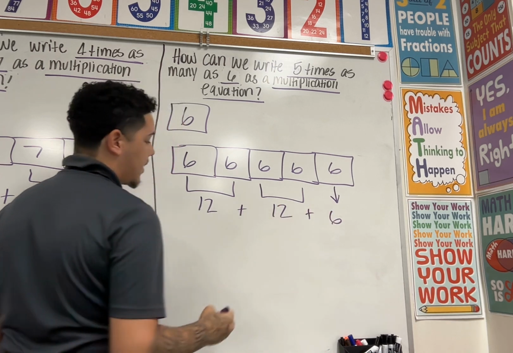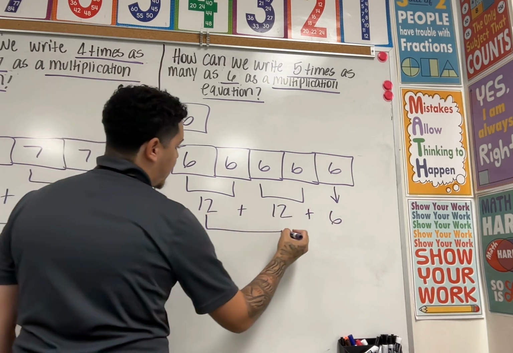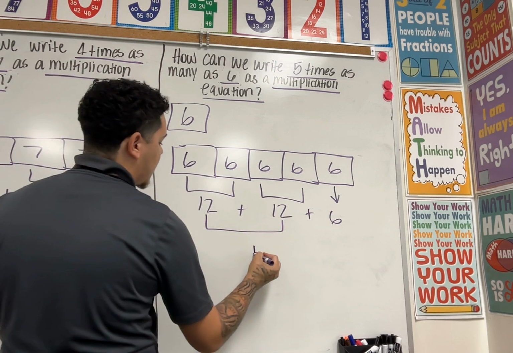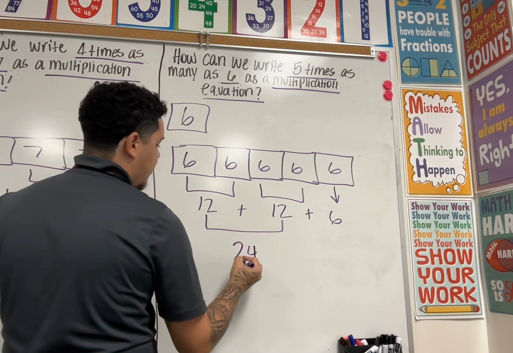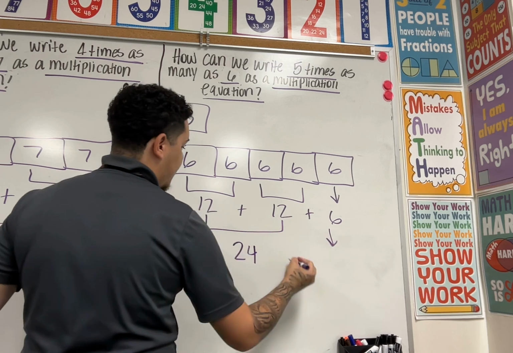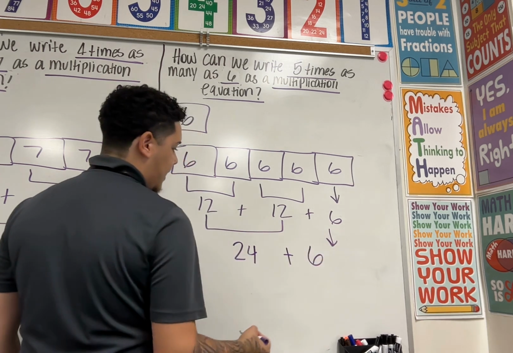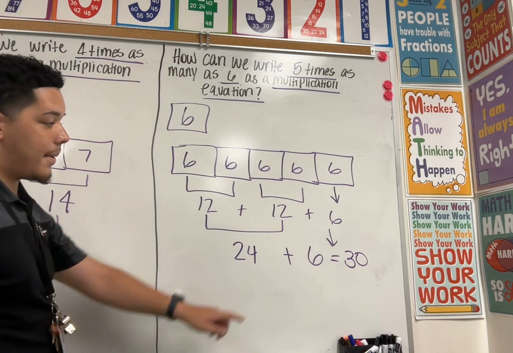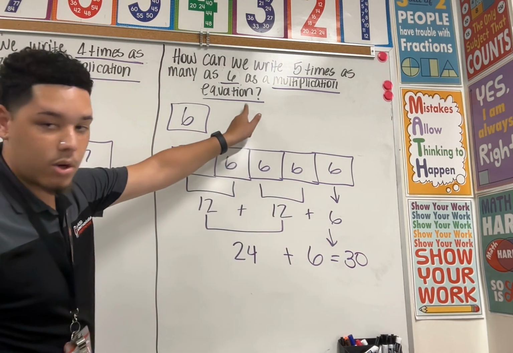Now I'm going to add the numbers that I have. I know 12 plus 12 is going to be 2 plus 2 is 4, and 1 plus 1 is 2. I'm going to bring the 6 down again. 24 plus 6 is going to get me to 30. Okay, now we have our product, but what about our equation?